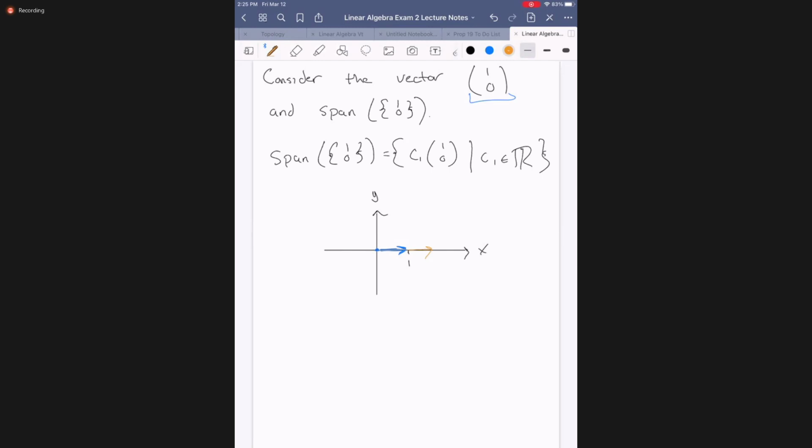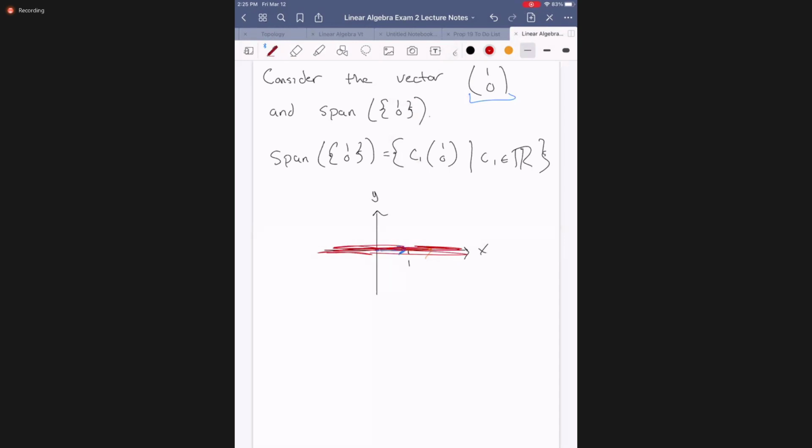Now take the set of all these vectors, multiplying with every single real number. What picture would I draw in this case? Yeah, it'll be a line, because the vector is just going to lie on this line.